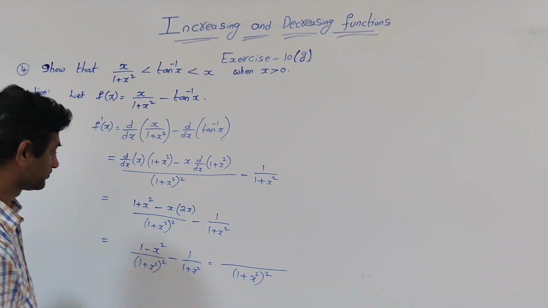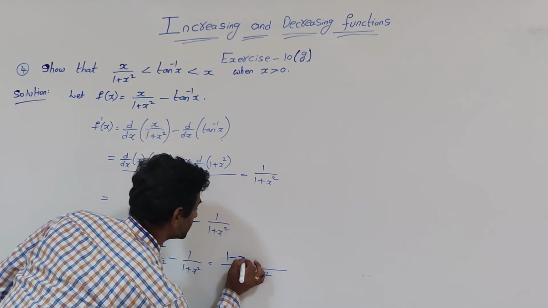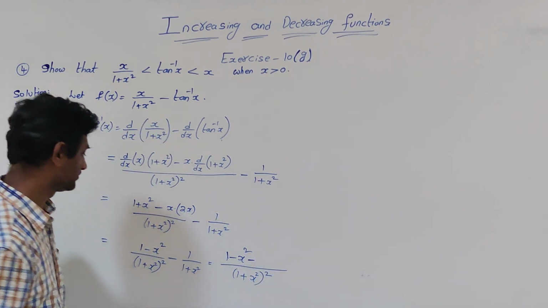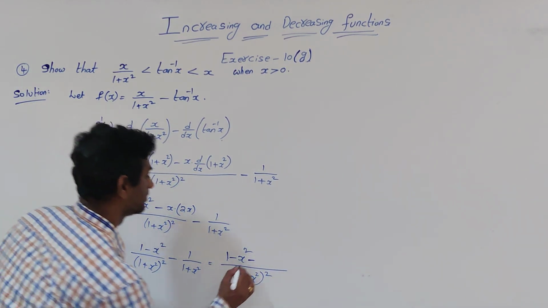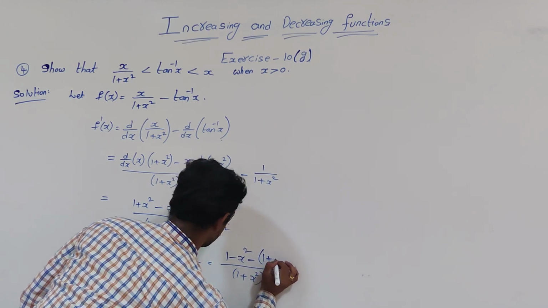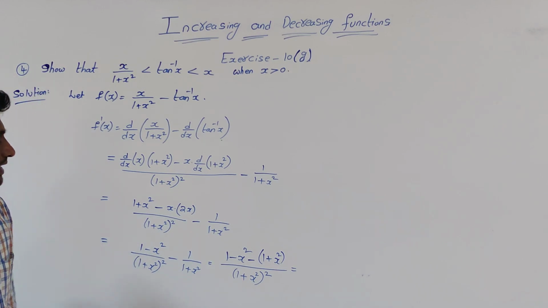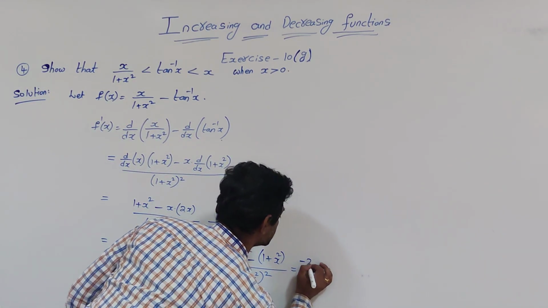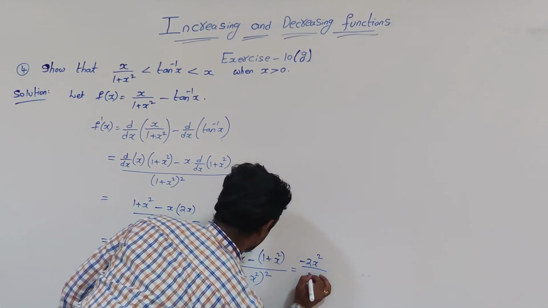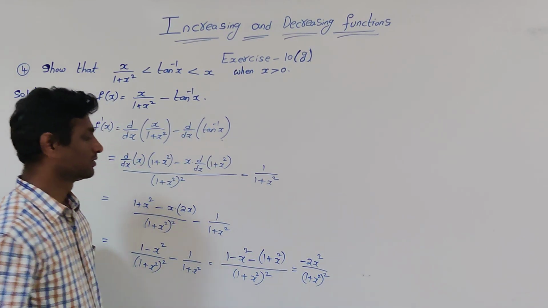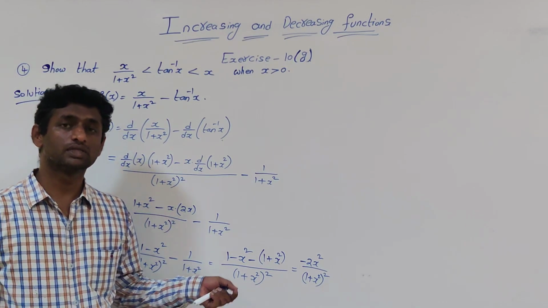So it will be 1 minus x square minus 1 plus x square, where 1 minus 1 gets cancelled, giving minus 2x square by 1 plus x square whole square. Now we have to find the critical points.